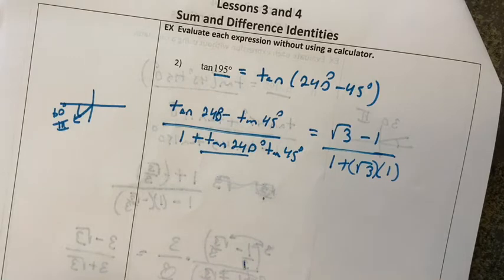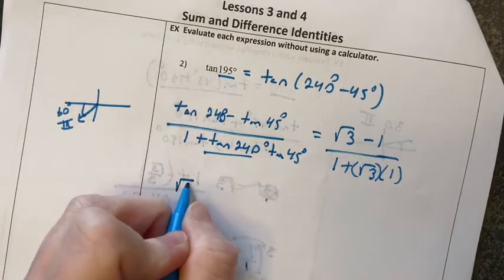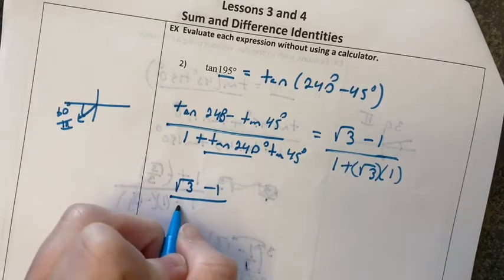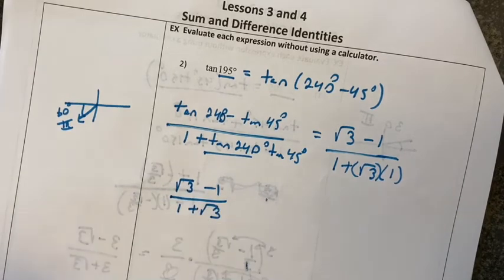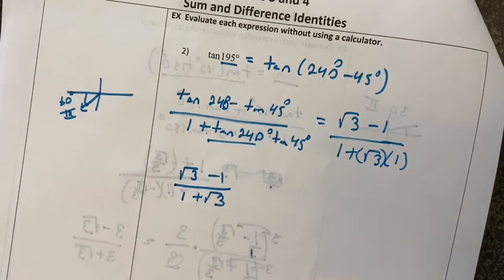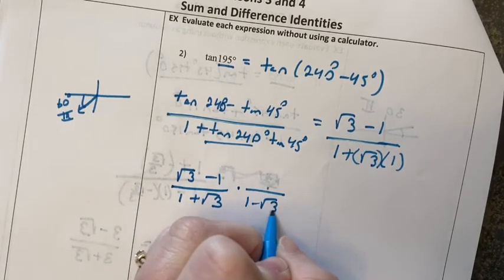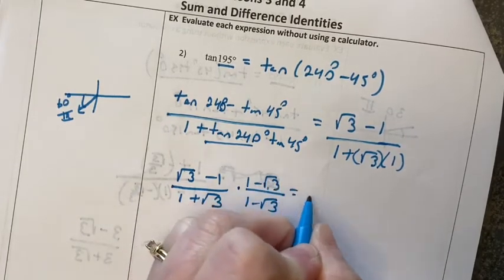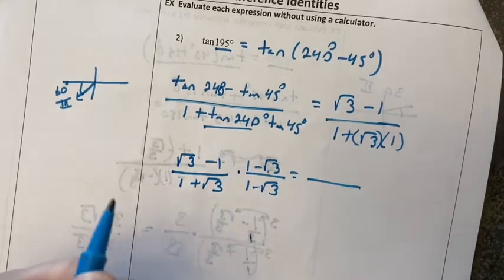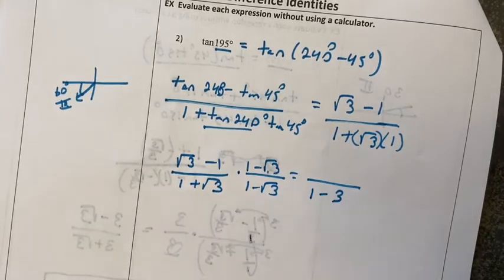Okay, so again, I'll clean it up a little bit. So I have square root of 3 minus 1 over 1 plus square root of 3. So at least I don't have the yucky fractions, but I am going to have to rationalize the denominator. So down here, I'm going to end up with 1 minus 3.